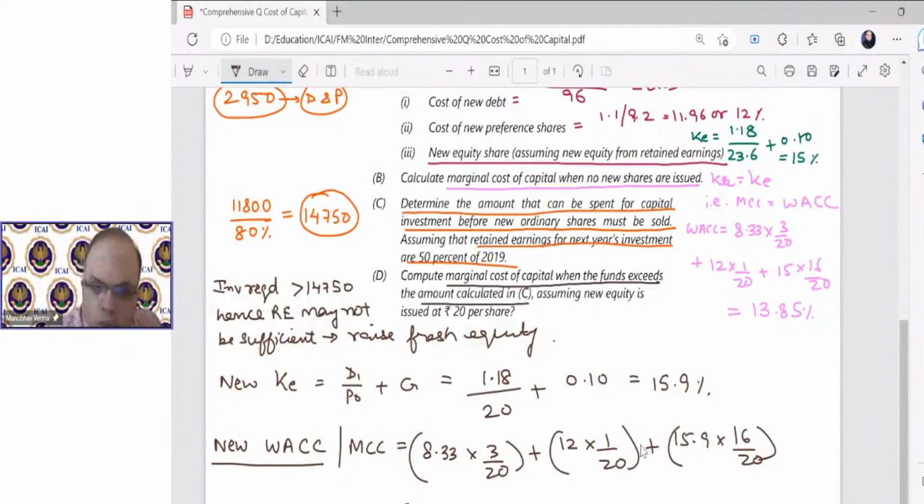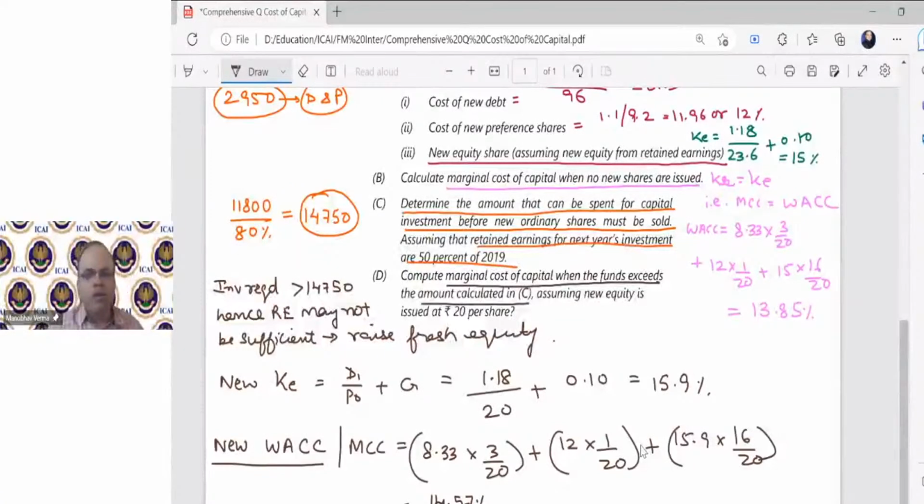So please do a quick checkpoint of this one. 8.33 times 3/20, we're getting 12. Then you're talking about 15.9. Hence, we are looking at, I believe, something like 14.57%. 14.57%.